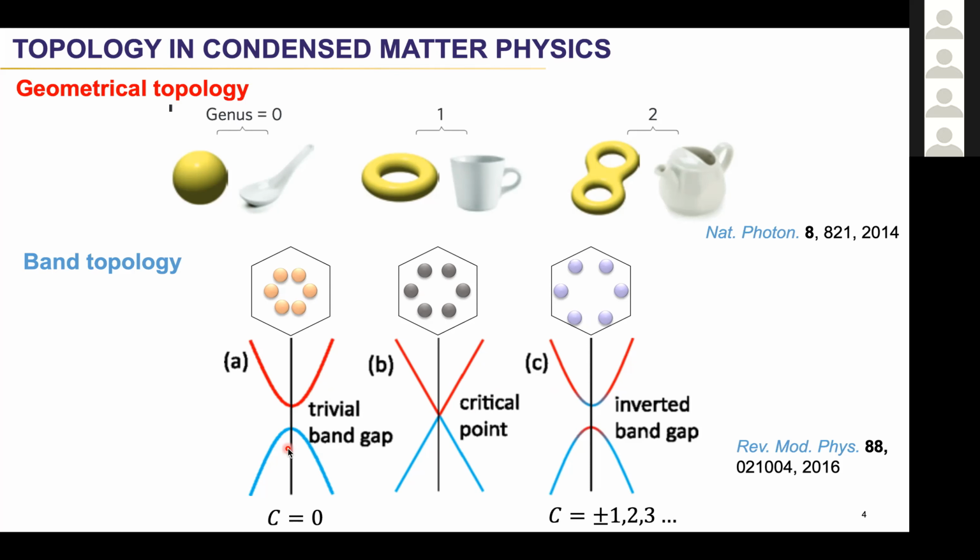So the band gap in A cannot be smoothly deformed to the band gap in C without closing it at some point, which is shown in B. That's why we say that the configuration in A is topologically distinct from the configuration in C. There's a way to calculate certain invariants from the spectral properties of these bands, and that makes these 2 configurations topologically distinct.